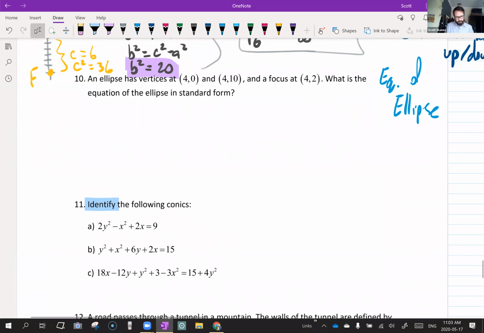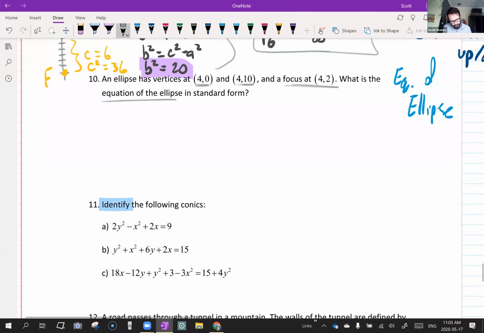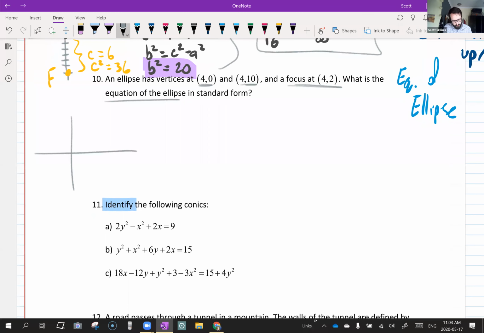An ellipse has vertices at (4, 0) and (4, 10), a focus at (4, 2). What is the equation of the ellipse? Okay, sketch it. If you sketch it, most of this is done for you. 1, 2, 3, 4, and 0. So that's a vertex. 4 and 10. 1, 2, 3, 4, 5, 6, 7, 8, 9, 10.